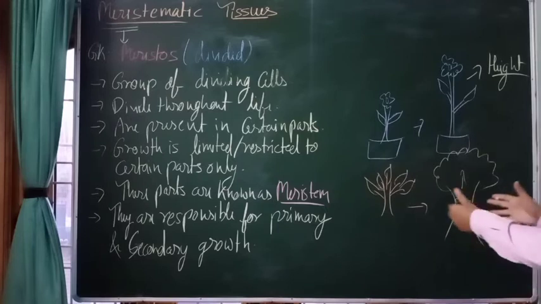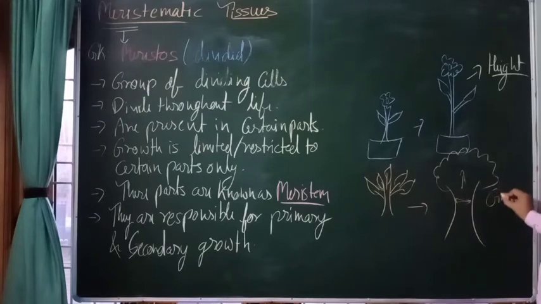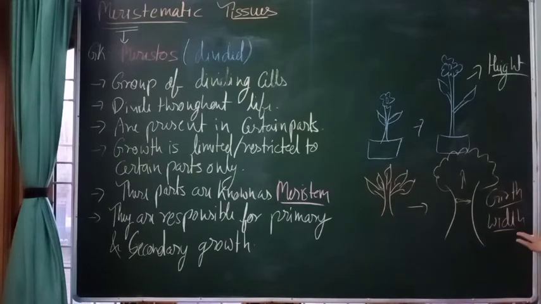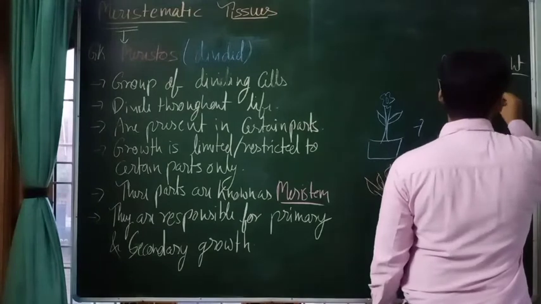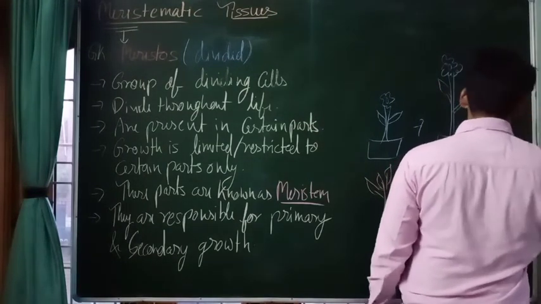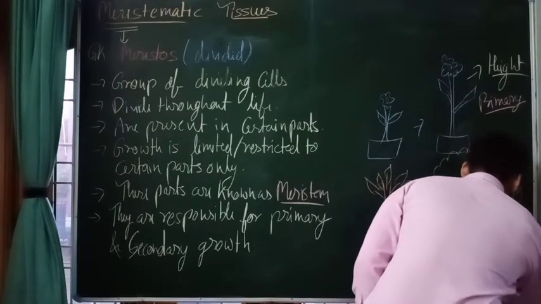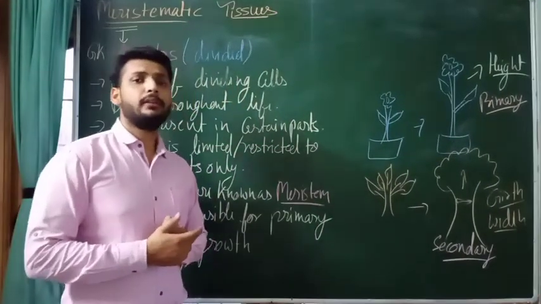Girth, you can say, the width or wideness. So this is the secondary growth. This is the primary growth, and here it is secondary growth.